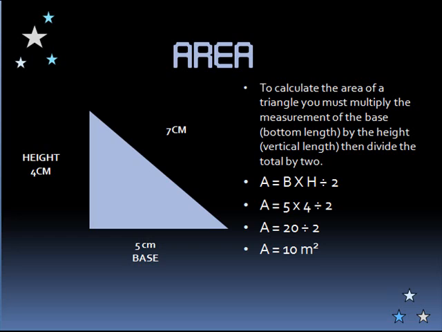The tricky part of this formula is we need to multiply our base by our height, and then divide our total by 2. So our formula for calculating the area of this triangle is area equals base times height divided by 2. So area equals 5 times 4 divided by 2. Area is equal to 20 divided by 2. Therefore, our total area is 10 metres squared.